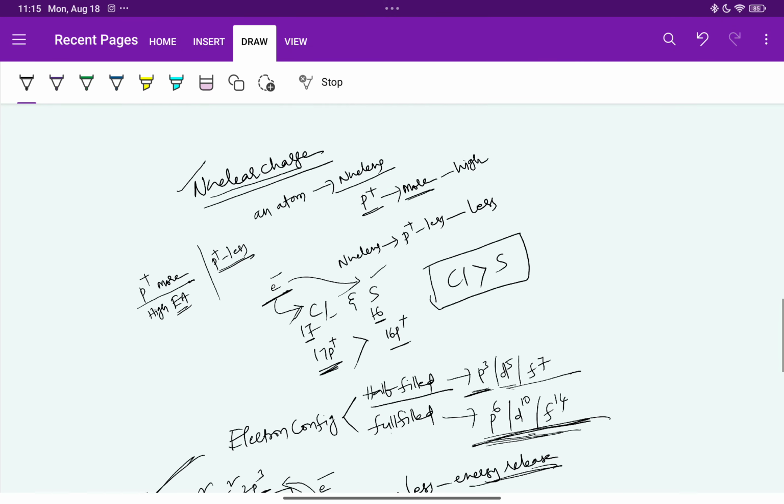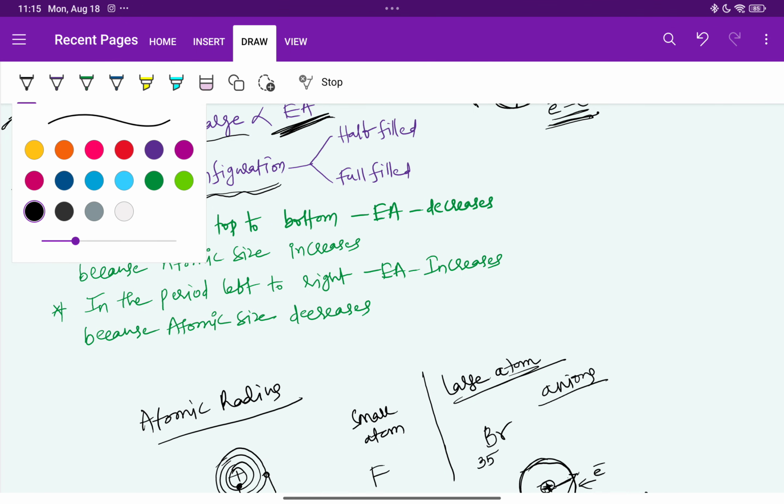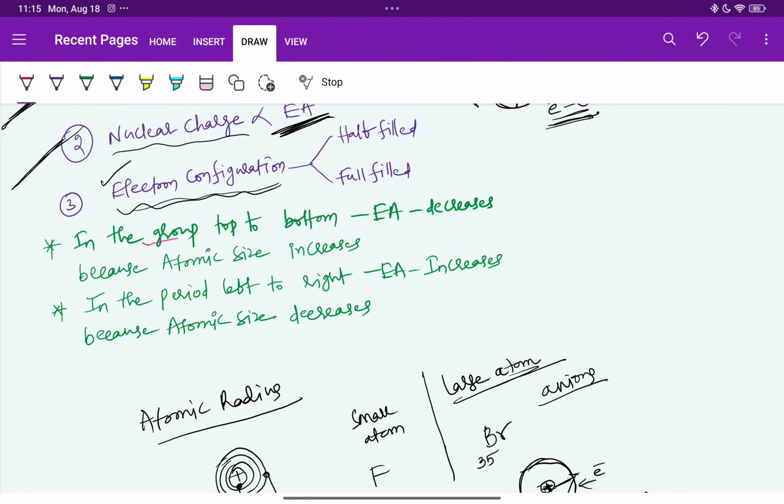And the final touch is how these electron affinity values change in the group as well as the period. In the group, from top to bottom, electron affinity decreases because atomic size increases. For example, you have a small atom here and a large atom here. Which one takes an electron easily? The smaller atom, because in the smaller atom the nucleus is very close to the valency shell, so the smaller atom easily grabs the electron.